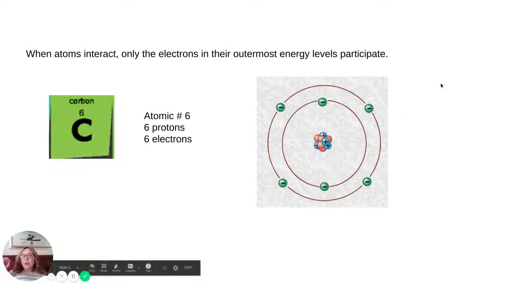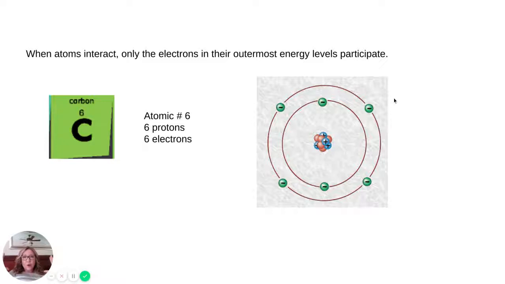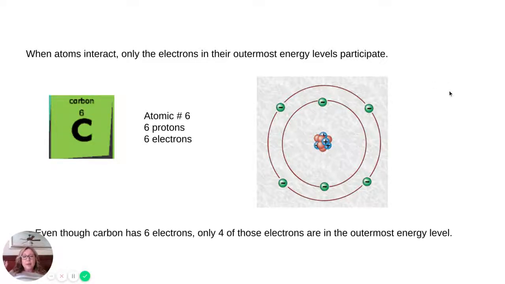Only 4 of those electrons are in the outermost energy level. It's those 4 electrons that are going to be involved in all of the chemical reactions that take place with carbon. We give the electrons in the outermost energy level a special name, and we call those valence electrons. So carbon has 4 valence electrons. It's those 4 valence electrons that participate in the chemical reactions that happen with carbon.